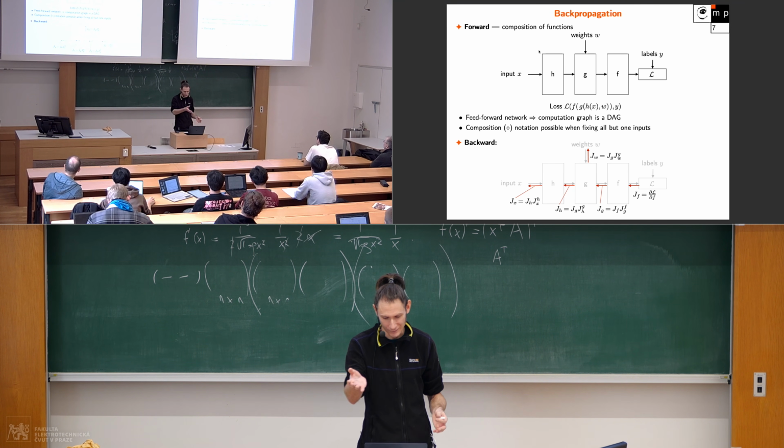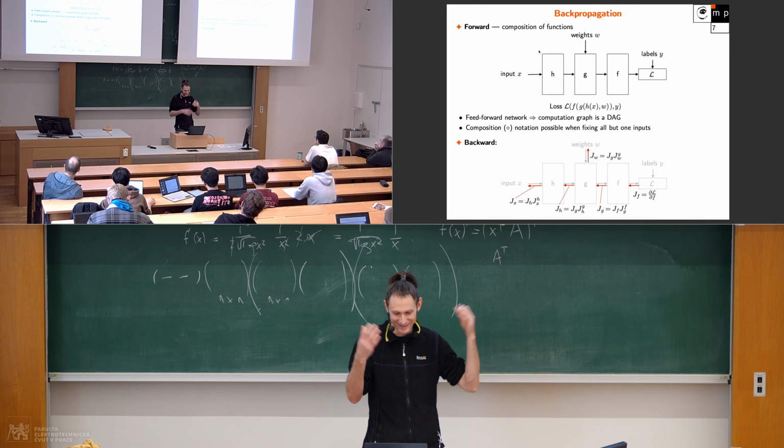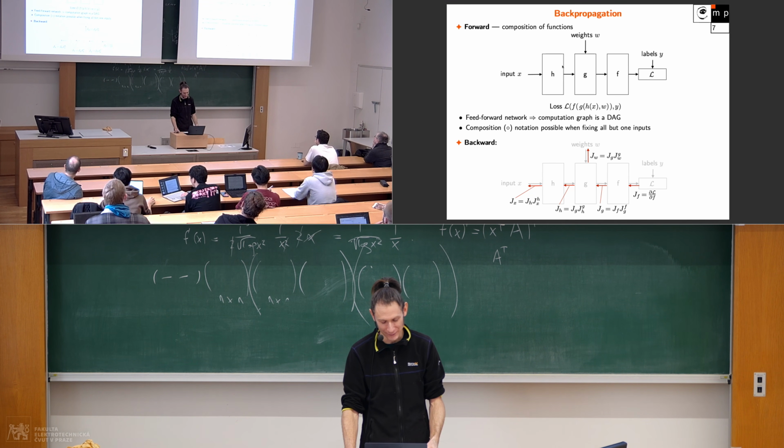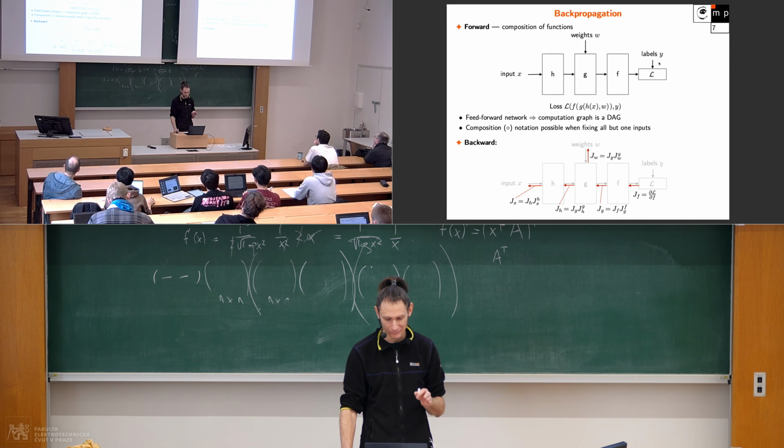Yeah, okay, I have a slide for that, but I already explained it with hands. So let's say this is our network, maybe also with some input and with some weights. Now, to compute the derivative with respect to the input x, we discussed, right?